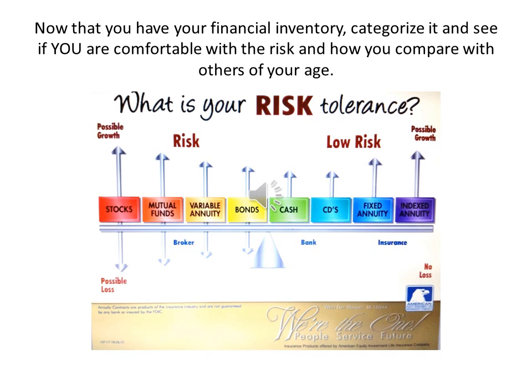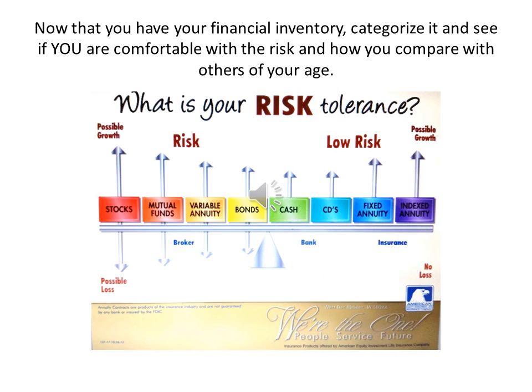On the opposite side, the riskier side of the scale, we want to list from the far left individual stocks that you own, mutual funds, again whether it's in your IRA, 401k, or in just a separate brokerage account, any variable annuities that you have, and bonds, whether they are individual bonds or bond mutual funds.